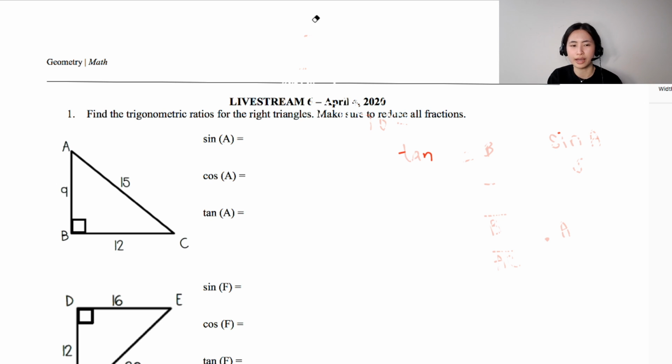Oh, and by the way, I just wanted to mention, anytime we have these types of problems, especially for trig ratios, it's not necessarily just looking for the sides and the angles. It's also about how you are able to apply your Pythagorean theorem. So say for example, one side is missing, or one of your legs is missing, right?